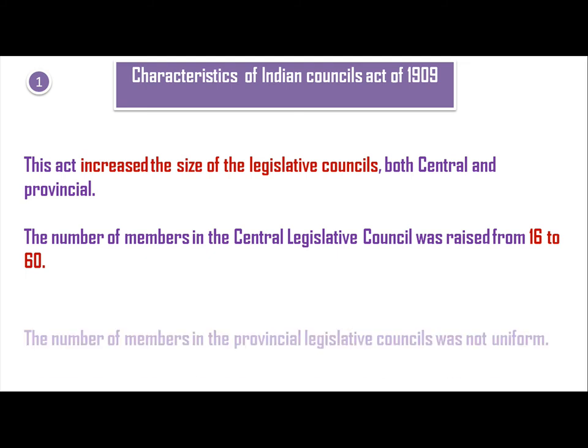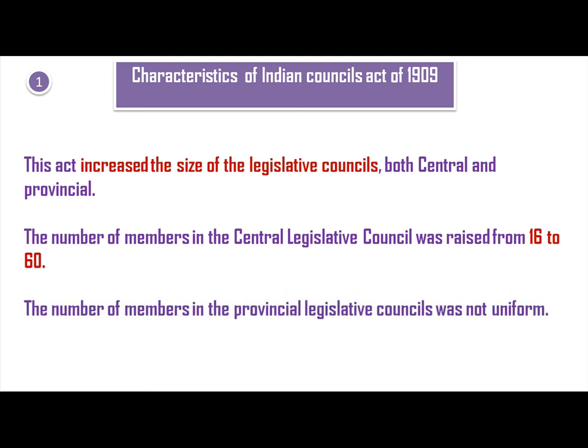And the number of members in the provincial legislative councils was not uniform. In some provinces there would be more members, in other provinces fewer. So they didn't maintain any uniform list of legislative council members. Depending upon the requirements, they maintained the number. Hope you understood. This is the first point.